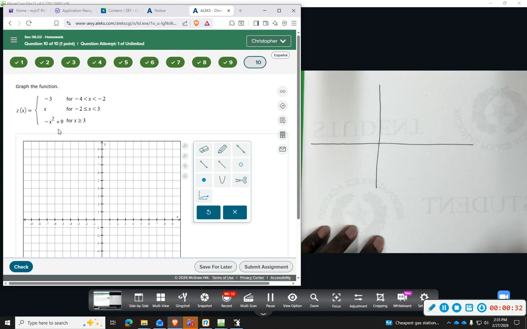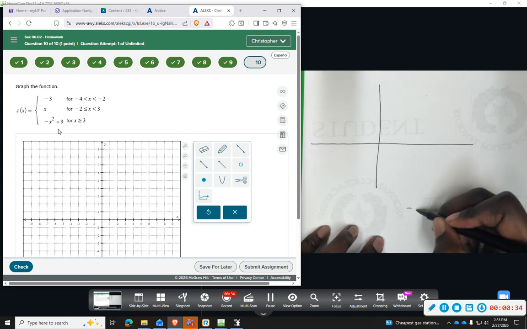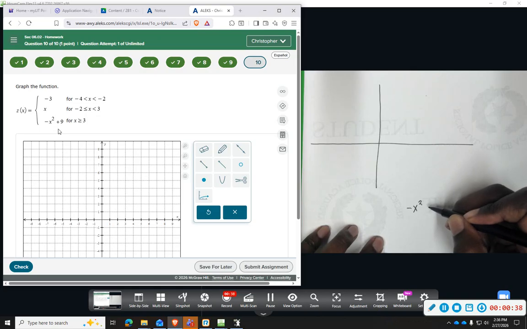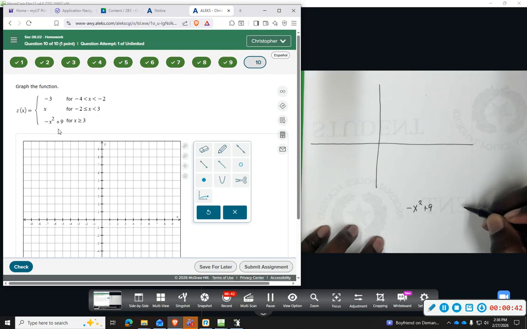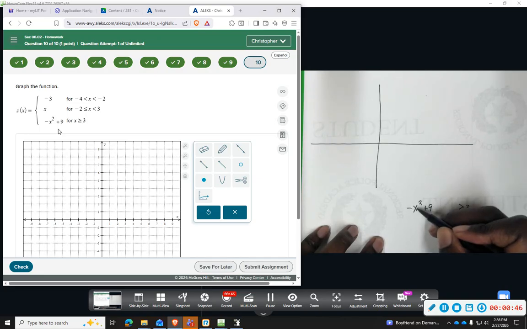So if I was going to use the negative x squared, and this works when x is greater than or equal to 3. If I plug the 3 in, I would do 3 squared plus 9.